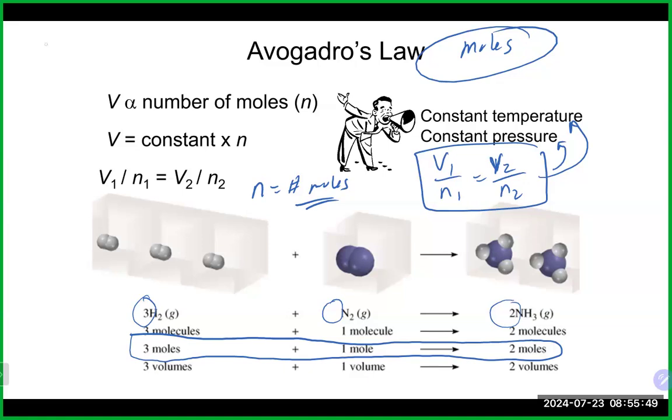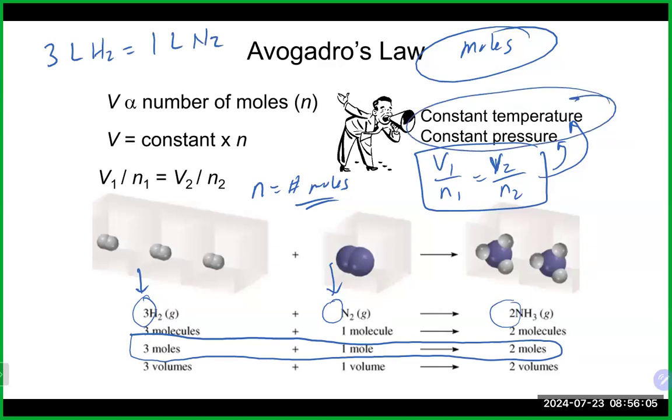We could say, for example, for every 3 liters of H2, we have to put in 1 liter of N2. So we can do a mole to mole relationship using volumes under these conditions. Again, it does need to be constant temperature and pressure to do that.